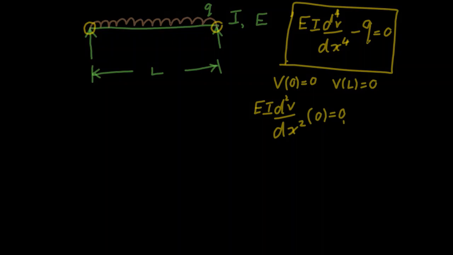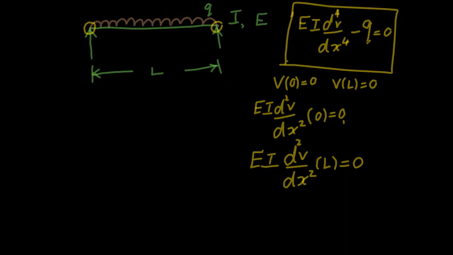And the bending moment at the right extreme end is also going to be 0. So it is EI d^2v/dx^2 at x is equal to L is equal to 0. So these are the boundary conditions.